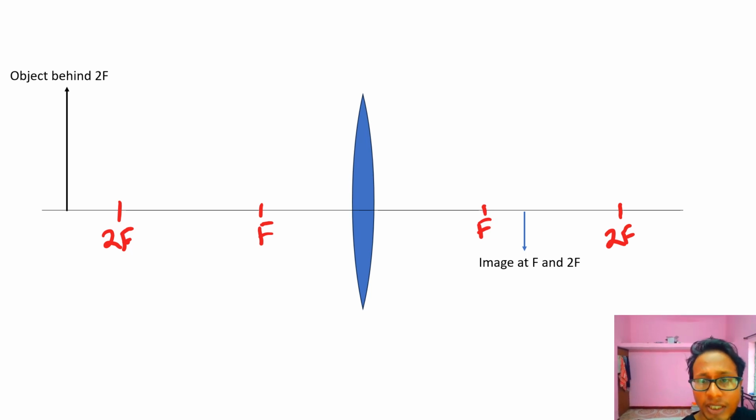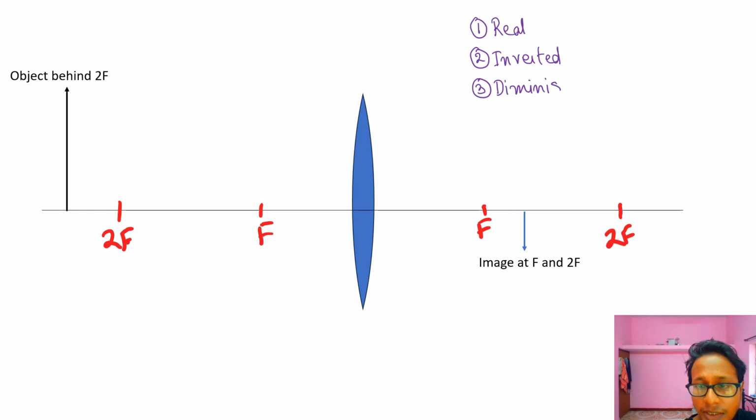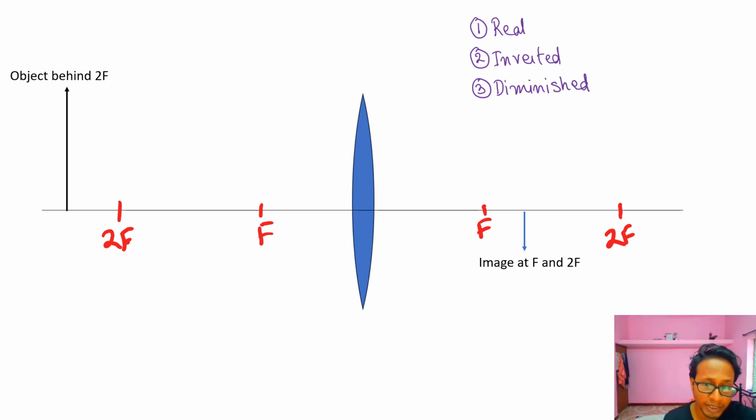The nature of the image is real, inverted and diminished. Diminished meaning the size of the image is much lesser than the size of the object.